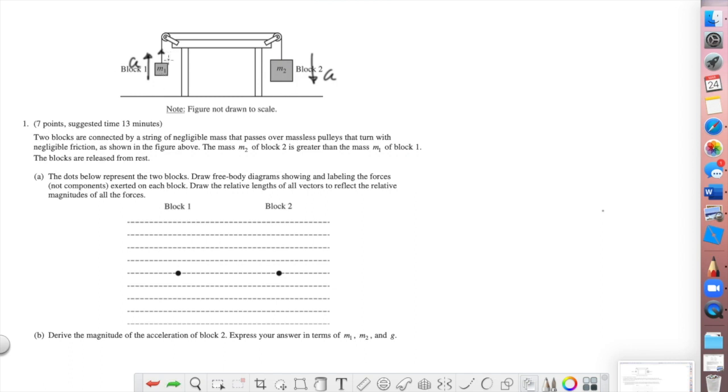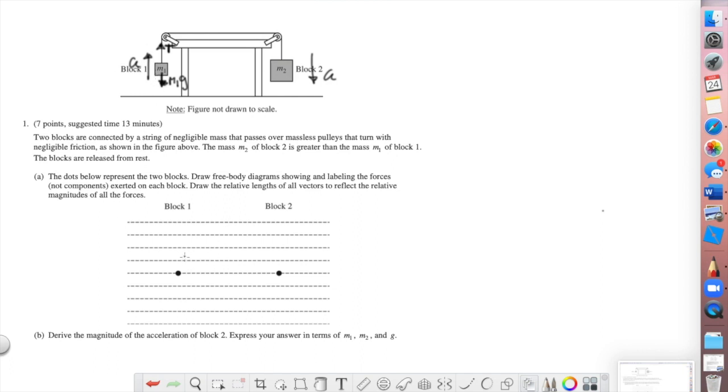So actually, let's make tension a little bigger. Tension is going to be like that, an upward tension, and then force of gravity, which I'm purposely drawing smaller. Force of gravity is weight, which is mg, so we'll label that m1g. For M1 to accelerate upward, the upward force of tension must be greater than the downward force of gravity.